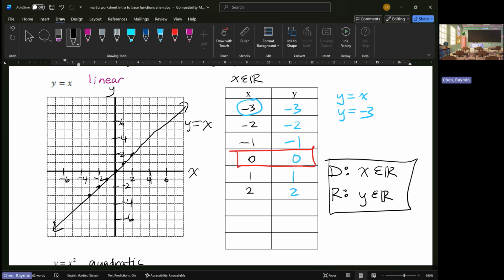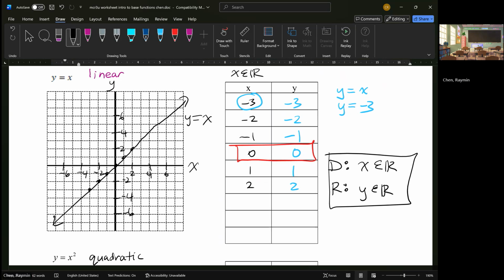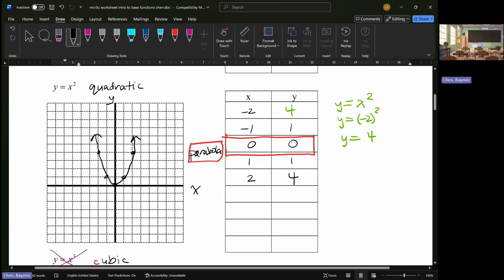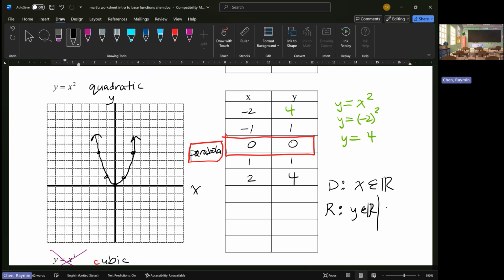If you were to talk about geometry, it makes a 45-degree angle. For the quadratic, notice the domain for this. All quadratics are x belongs to all real numbers. What is the range? Well, y belongs to all real numbers such that y is greater than or equal to 0. It clearly opens up.